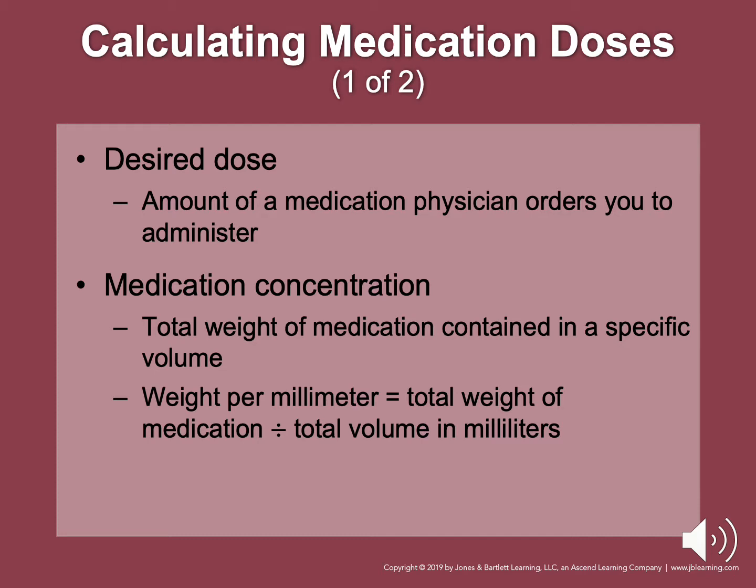Note the medications are contained in different volumes of solution, so this is your volume on hand. To administer medication, you must know the weight of the medication present in 1 ml: the total weight of medication divided by the total volume in milliliters.